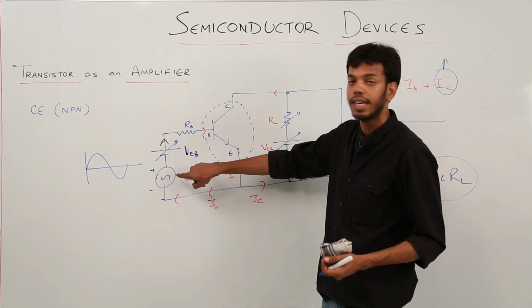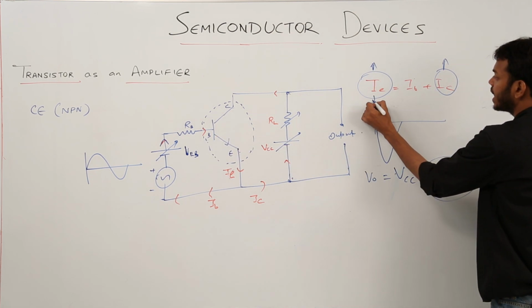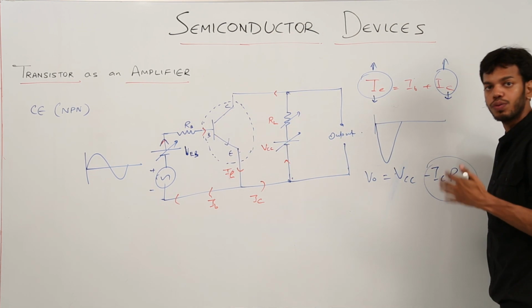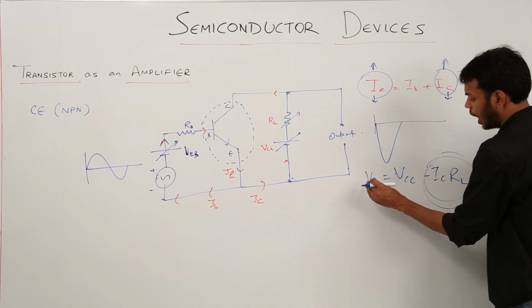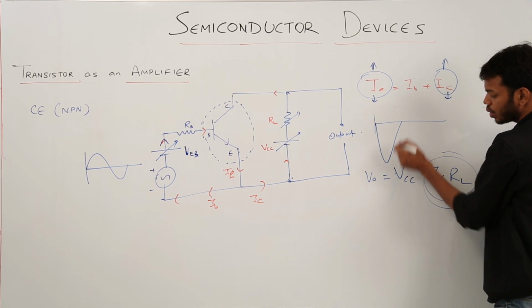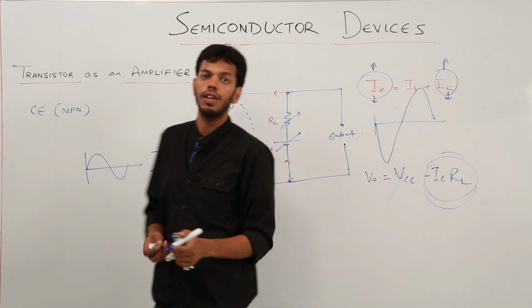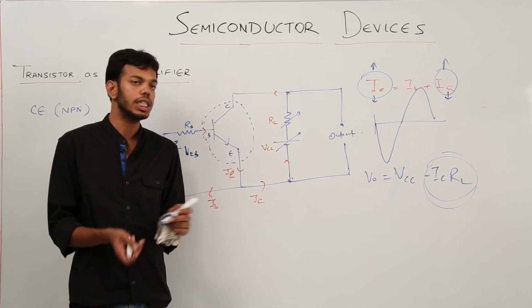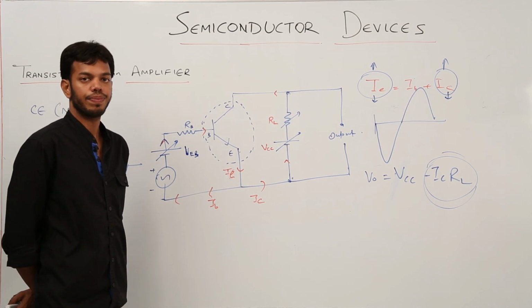The forward biasing is getting opposed, due to which emitter current will decrease. Emitter current decreasing leads to collector current decreasing very high, and this part ICRL becomes very low, due to which the output becomes more positive because this value was already very high. So this becomes more positive. So they are in 180 degree phase difference, input voltage and output voltage. This is how an NPN transistor works like an amplifier.